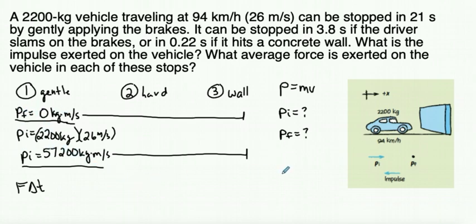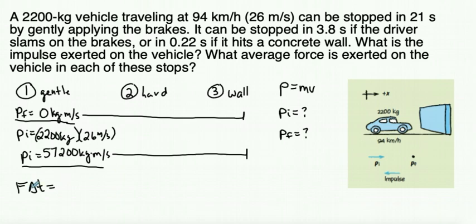Because if we consider a small object and a large object, the impulse between these two would be the same if they crashed, but the change in momentum is going to be much greater for this one than it would be for that one. So this one would have a little change in momentum, where this one would have a much larger change in momentum. Okay, so that's kind of the trade-off there. So forces and impulses are the same on two objects. Remember that.